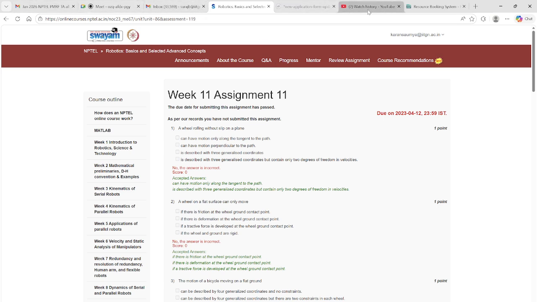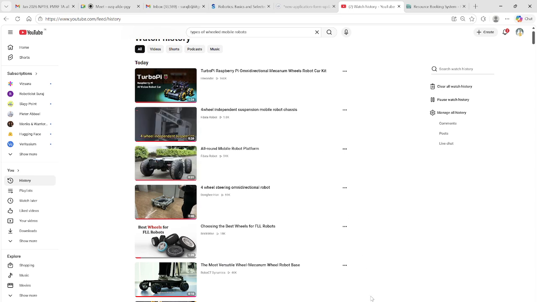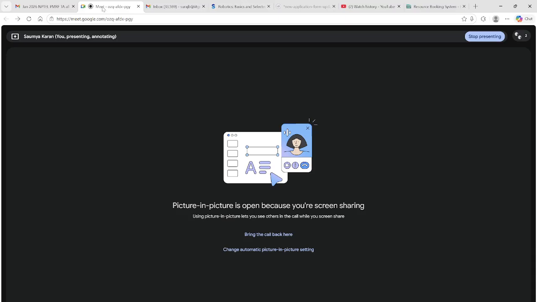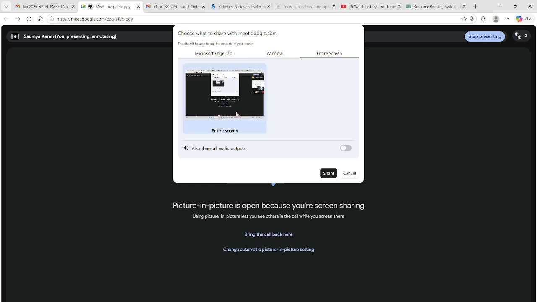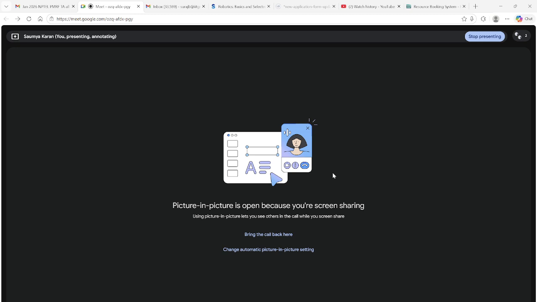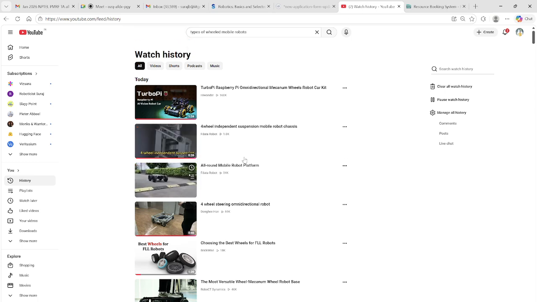Where is the meet tab? I would present something else, and then I'll have the entire screen. Okay, I think it is visible now.